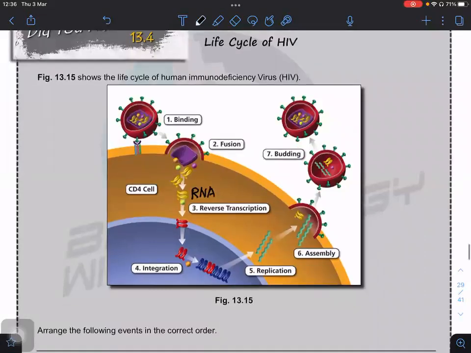This RNA uses reverse transcription to form DNA, and then using enzymes we integrate it. The blue color is the host, the red color is the viral. Then during the replication process, they make more and more DNA. This DNA can assemble together and form new viruses. So this is the life cycle of HIV.